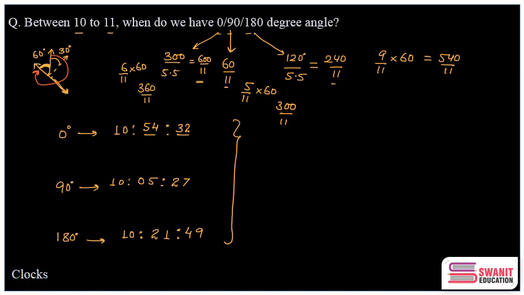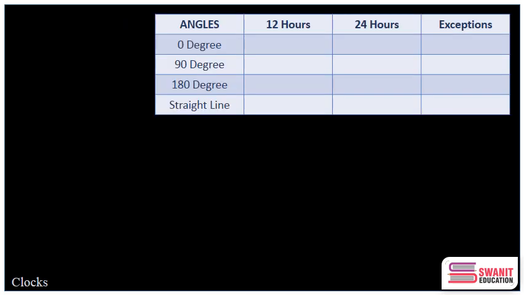So this is how easy it becomes when it comes to angle to time conversion. Now let's look at some more variety of questions that we get from clocks. Now there are certain standard questions which are being asked. For example, you can see a table on your screen which says in 12 hours, how many times do we have 0 degrees?